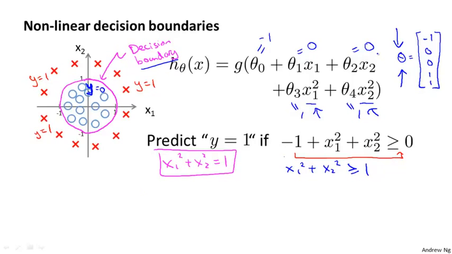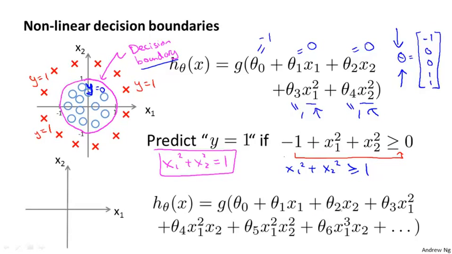And finally, let's look at a more complex example. So can we come up with even more complex decision boundaries than this? If I have even higher order polynomial terms, so things like x1 squared, x1 squared x2, x1 squared x2 squared, and so on. If I have much higher order polynomials, then it's possible to show that you can get even more complex decision boundaries, and logistic regression can be used to find decision boundaries that may, for example, be an ellipse like that, or maybe with a different setting of the parameters, you can get instead a different decision boundary, which may even look like some funny shape like that.